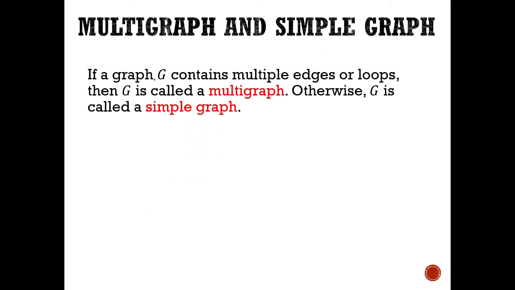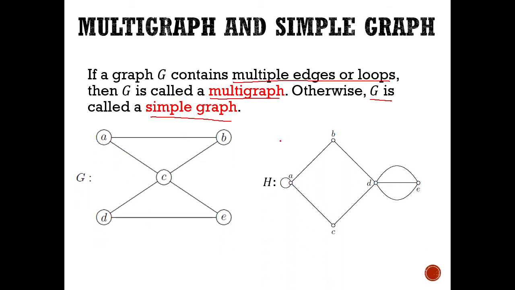Now let's differentiate multigraph and simple graph. If a graph contains multiple edges or loops, at least one of these, then we say that the graph is a multigraph. Otherwise, the graph is simple. Now let's go back to our two previous examples. Which between the two is simple and which one is a multigraph?